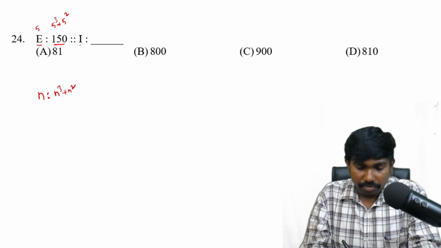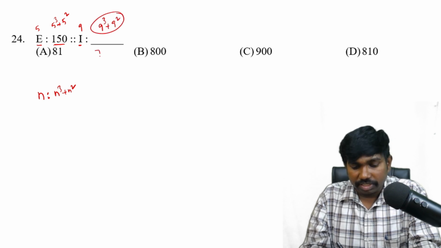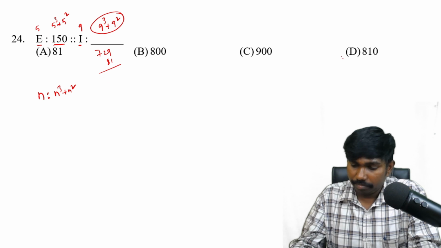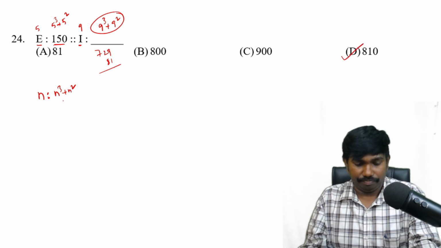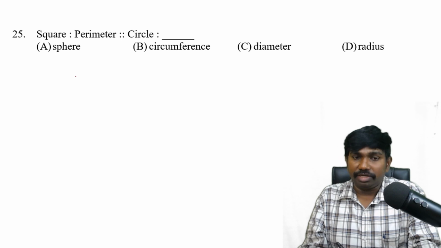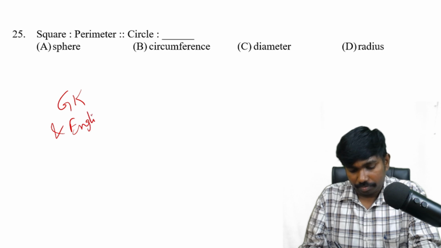Apply the same here. I is 9. That means our answer must be 9 cube plus 9 square. 9 cube is 729 and 9 square is 81. Sum of these two is 810. Correct? Yes.